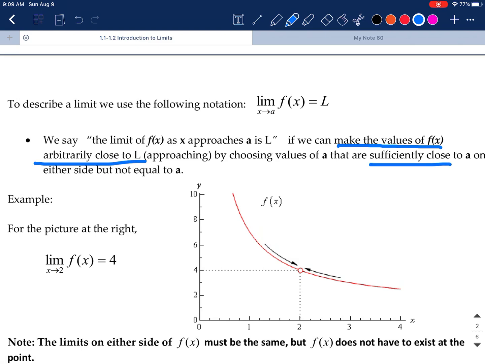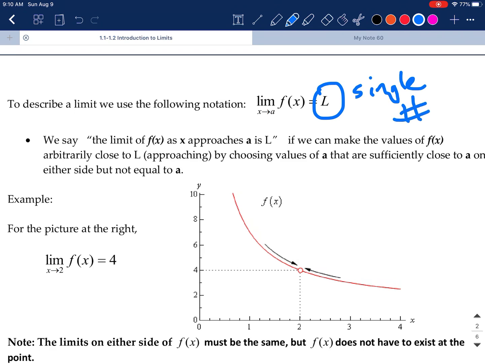But we're going to say if we're sufficiently close to that value of a, whatever number we end up with is what we call the limit. Now, there are going to be cases where as we get closer to a, we don't approach a single value. So note, L is a single number. So you can't approach multiple numbers and have a limit exist. A limit has to be approaching a single numerical value.